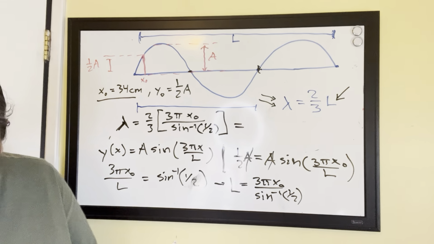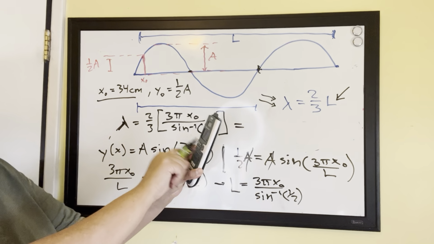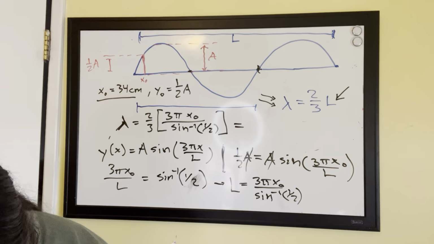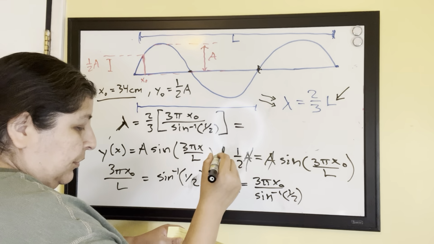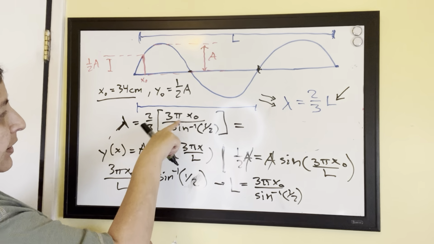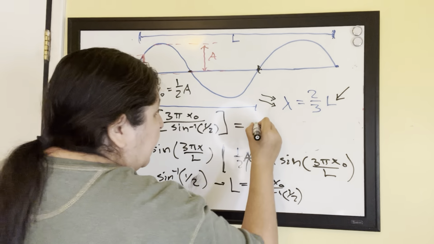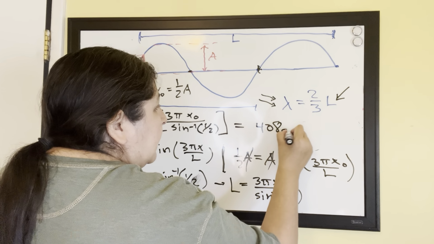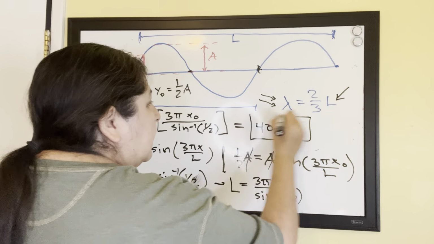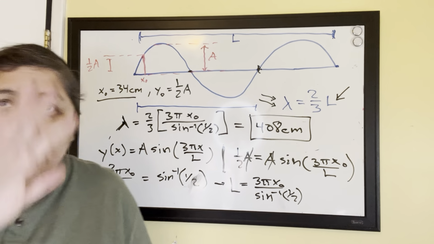And when you punch it in the calculator, plugging in 34 centimeters for x naught, you get lambda equal to 408 centimeters. That's the wavelength. Thanks, you guys.